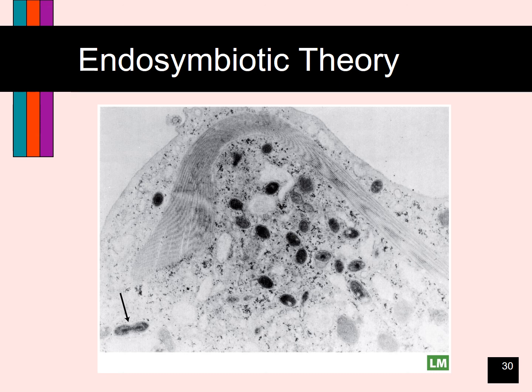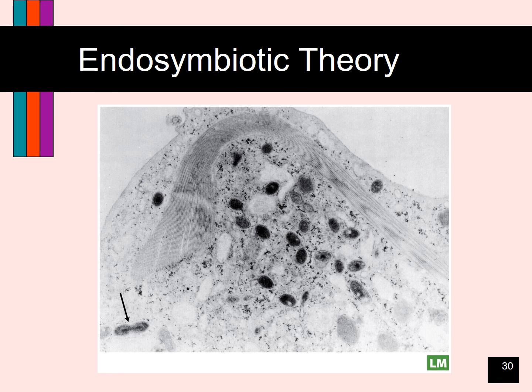In the case of retroviruses, they have RNA as their genetic material. So the mitochondria and the chloroplast, they have a membrane, they have DNA, and they have ribosomes. So they basically have everything that could have made them their own living entities.